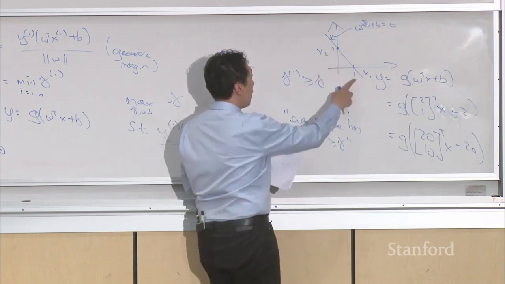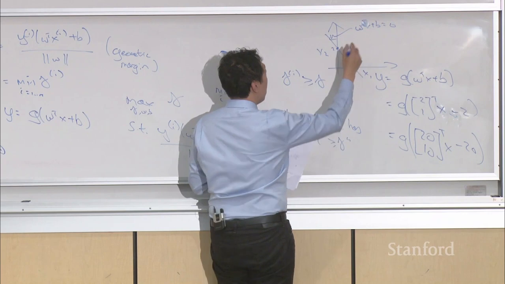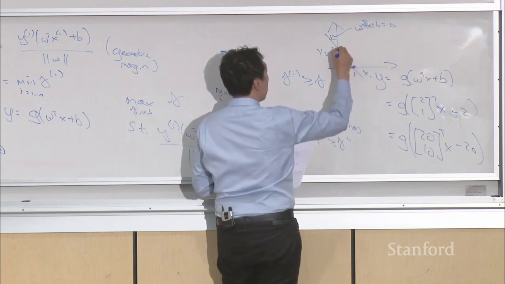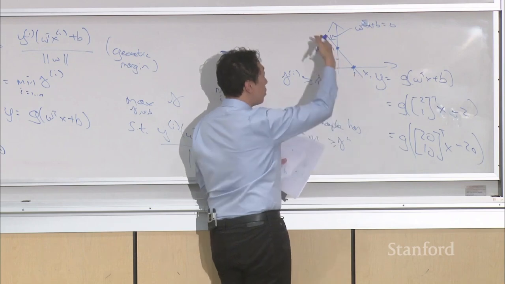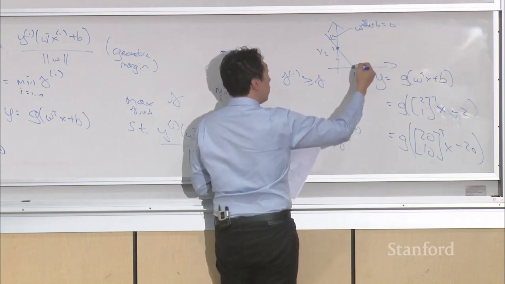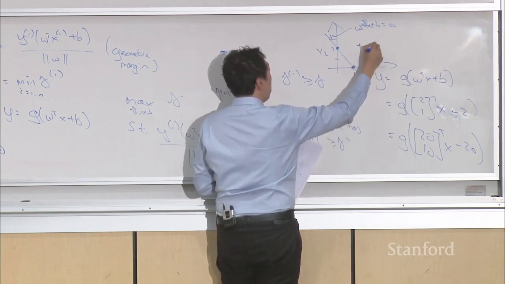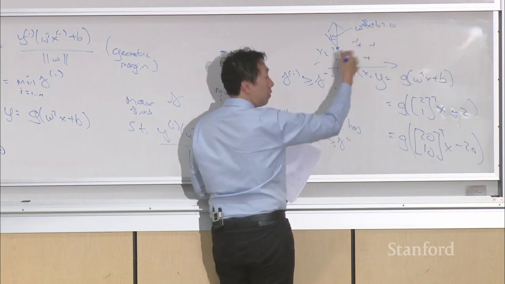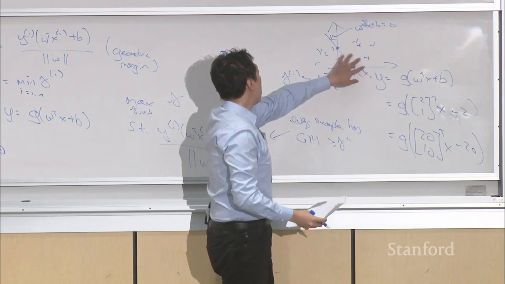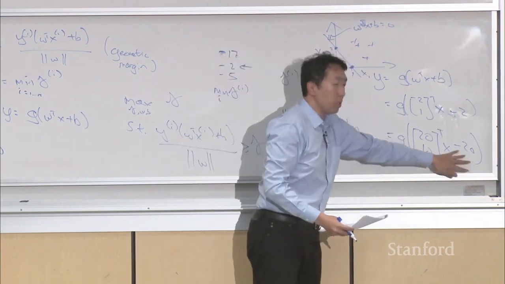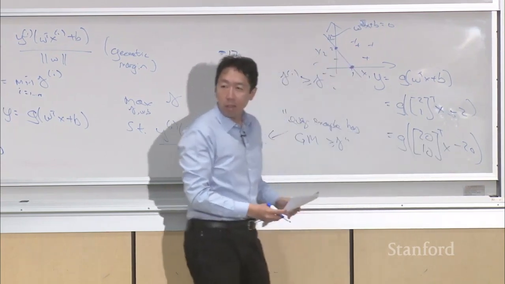You could verify for yourself: you plug in this point, then W transpose x plus b equals 0. You plug in this point, W transpose x plus b equals 0. And so that's the decision boundary where the SVM will predict positive everywhere here, and it'll predict negative everywhere to the lower left. And this straight line stays the same even if you multiply these parameters by any constant. Okay.